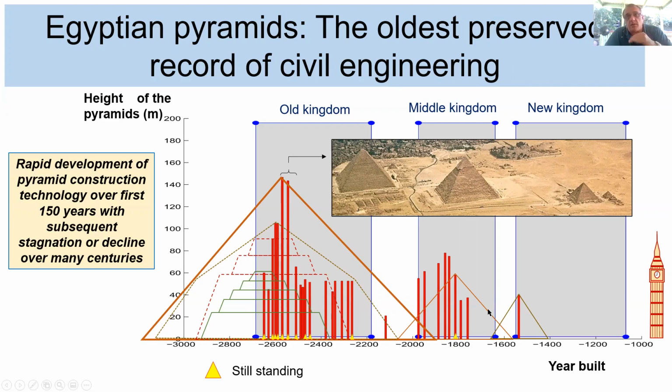So you can see that technology does not necessarily develop through centuries. It experienced very rapid progress initially, and then a very lengthy period of stagnation or even decline.